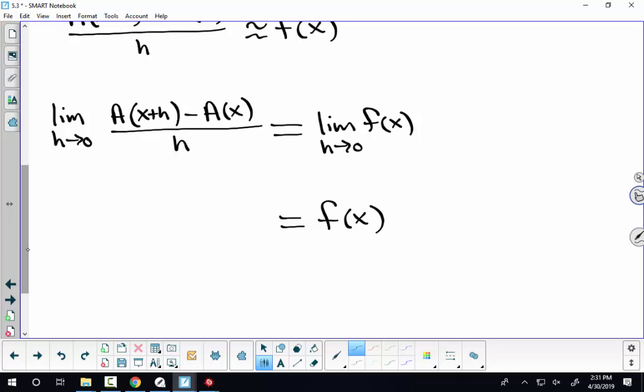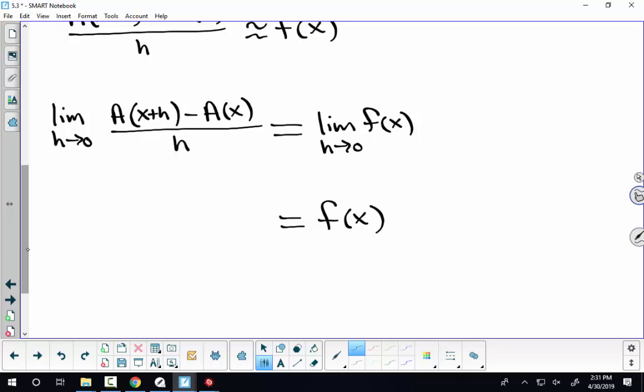I hope y'all vaguely remember that definition. So if that's lowercase f prime, then what is our left-hand side? It's the antiderivative of the area function? Not the antiderivative, the derivative.